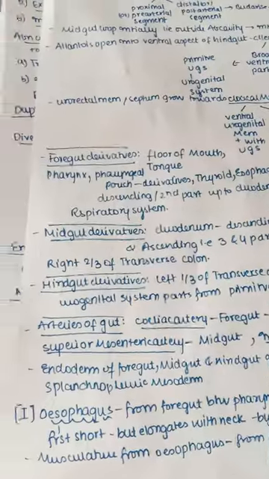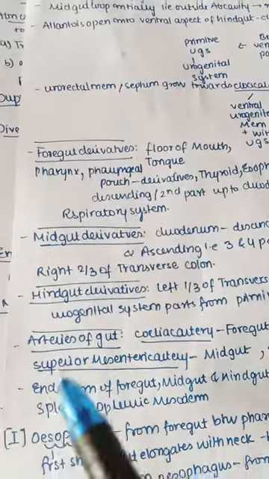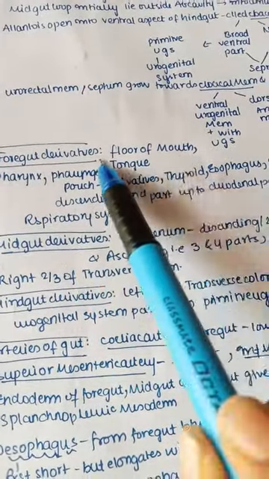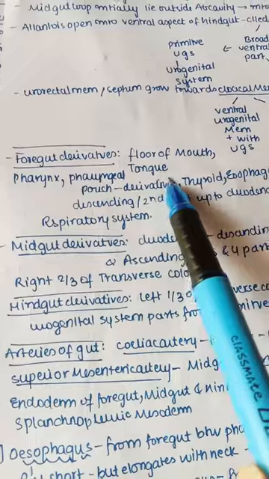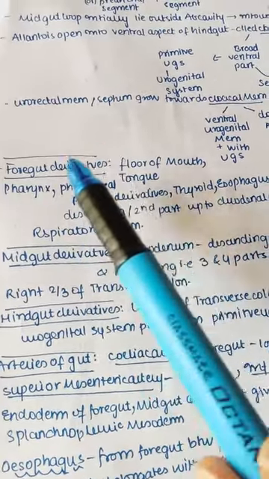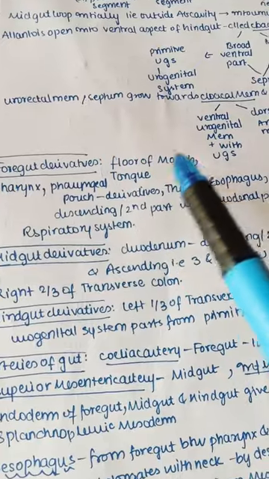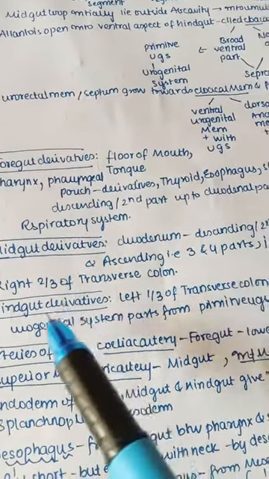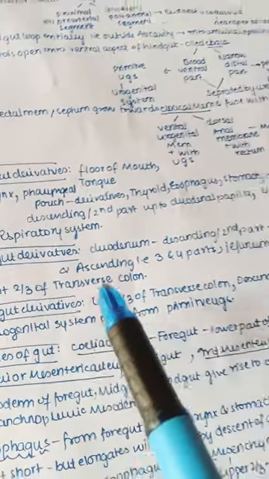So now let us come to the theory part, like what are the derivatives of our foregut, midgut, hindgut. The foregut derivatives mainly give rise to the floor of the mouth, tongue, pharynx, pharyngeal pouch derivatives. So you can understand foregut means starting from mouth and up to the intestine. Midgut means about our intestine, and even in hindgut we have intestine, but we have large intestine.